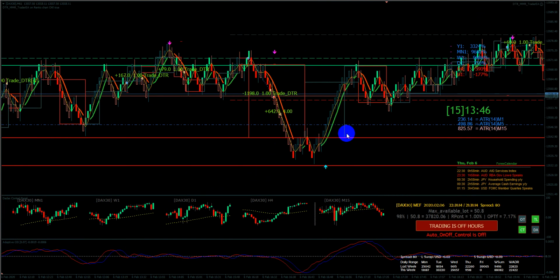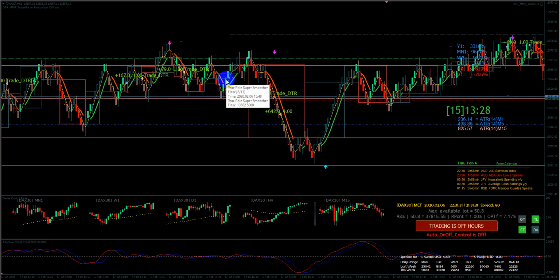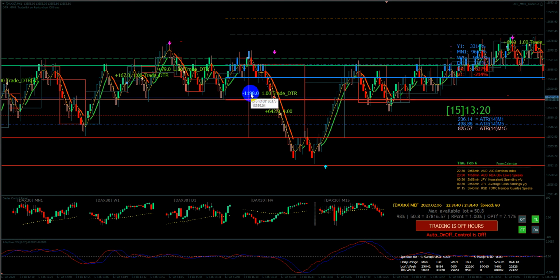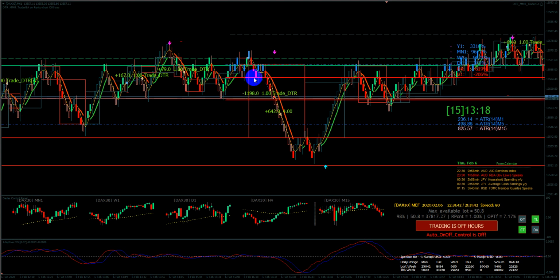I clicked on it. I set up my trade. No, I don't exactly remember. I think, because the stop loss, you can't see the stop loss very well. Stop loss is right there. So something like this, or not exactly like this. Maybe like this.